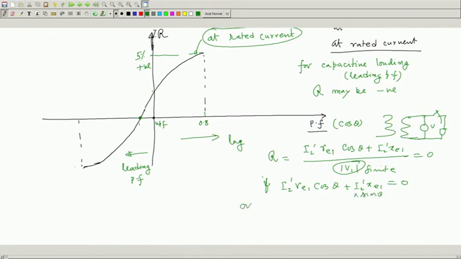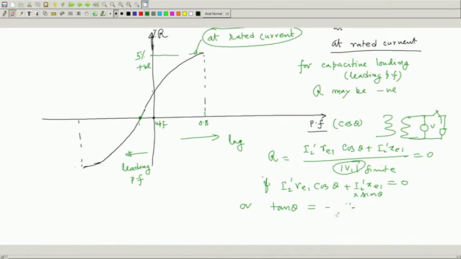Or you can easily see tan theta, sin theta by cos theta, is minus R e 1 by x e 1.